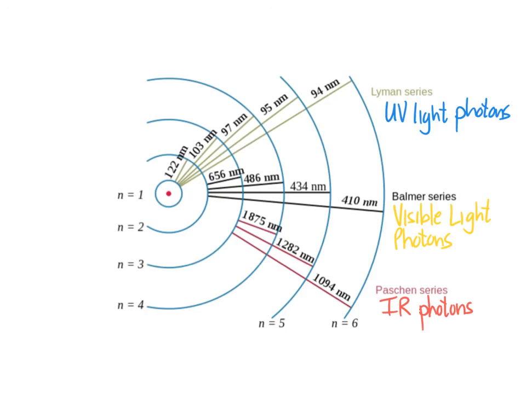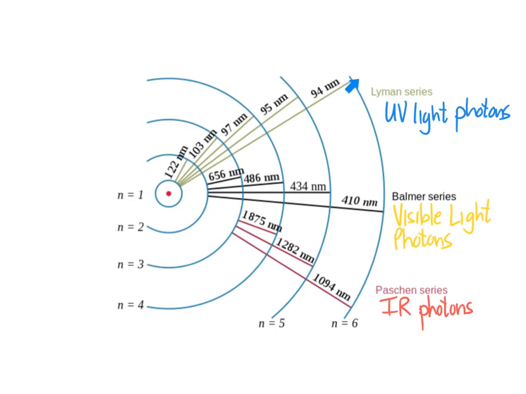Here's a very useful diagram that illustrates the different transitions that energized electrons can make when they drop down to lower energy levels. So when electrons in this atom drop from higher energy levels down to energy level 1, which is the ground state, then they give off photons that have a very low wavelength, but then obviously a very high frequency and a high energy.